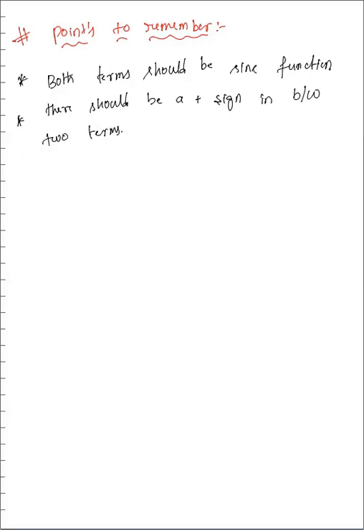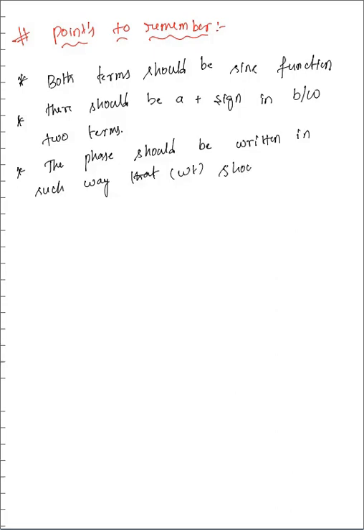Next, the third one: the phase should be written in such a way that omega t should cancel out while taking the phase difference.